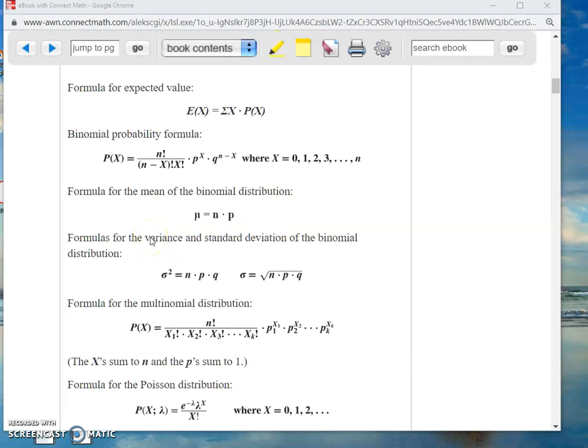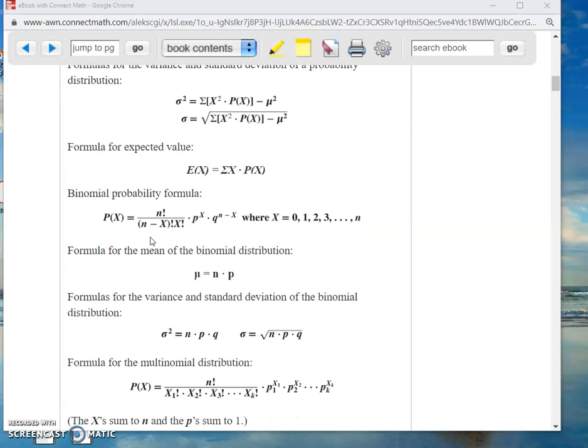Right there, the binomial probability formula. The probability of 62 successes would be, in this situation, n is 200, so it'd be 200 factorial, and then n take away 62, that thing factorial, and then 62 factorial. I mean, it'd just be a mess, right?